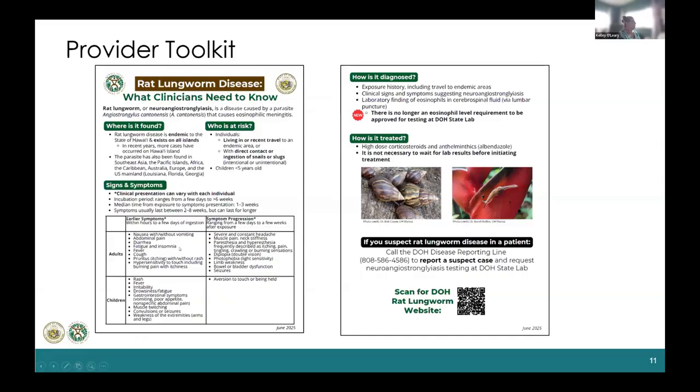So we try to encourage folks, if you're feeling weird or off, or you think you've been exposed, maybe print this out and take it to your doctor. You want to make sure your doctors are well informed, because they could be looking at other things, not just rat lungworm.